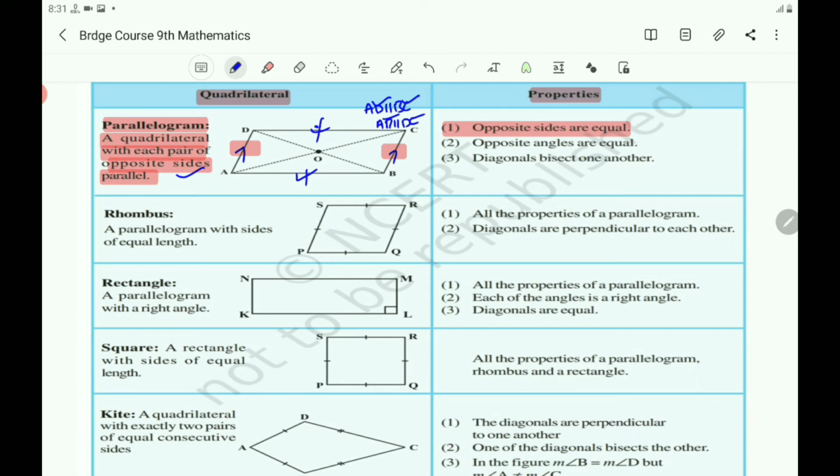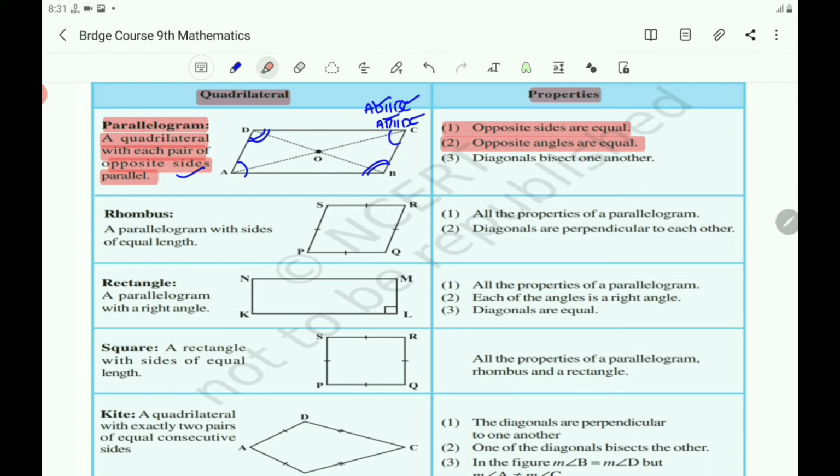And opposite angles are equal. Angle A equals angle C, and also angle D equals angle B. That is the common property of the parallelogram.